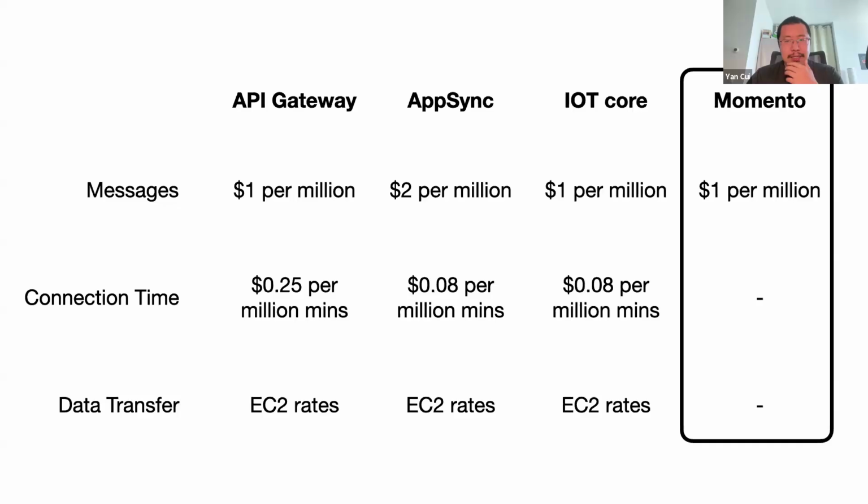Compared to the other services that I mentioned on AWS, depending on the ratio you have, the cost may not be that different, but it allows you to model your system in terms of cost based on the dimension that your revenue is going to grow along, as opposed to just based on connection time.